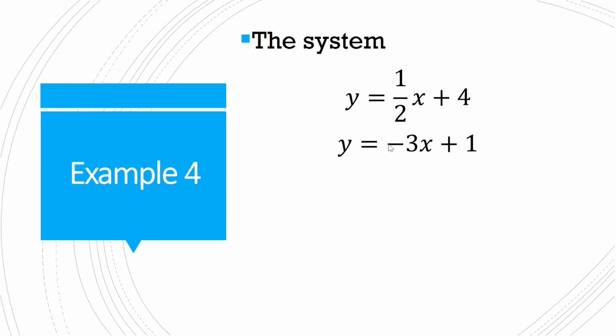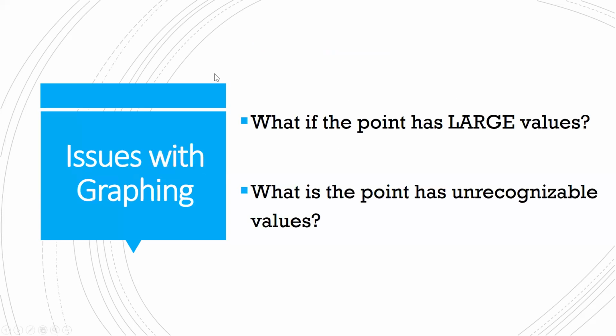So a system like this is pretty hard to solve with just graphing because we ended up with a point which was kind of difficult for us to see with our eyes. And that is one of the two main issues with graphing.